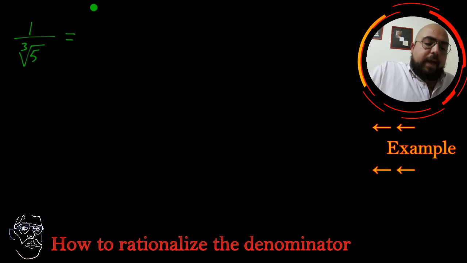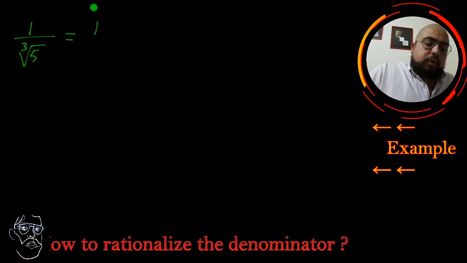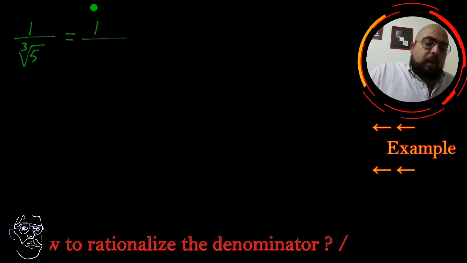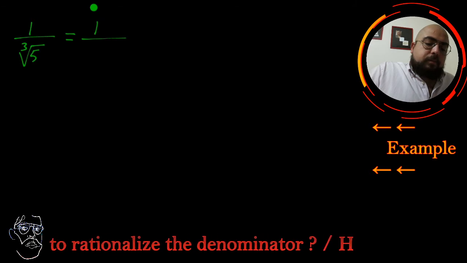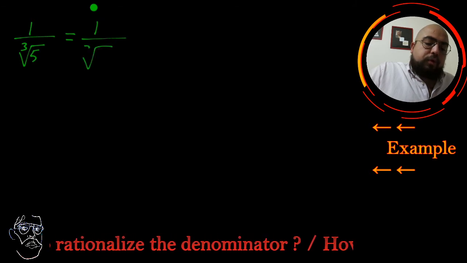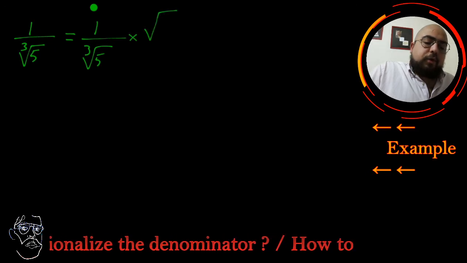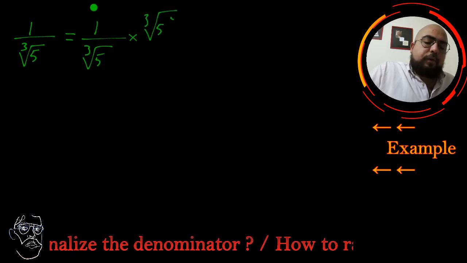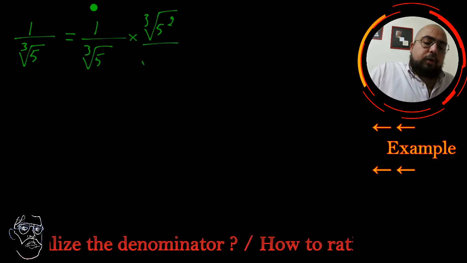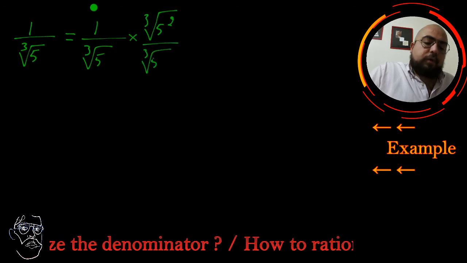So I have to act a little bit more clever. So I should say it's 1 over cubic root of 5 times the cubic root of 5 to the power of 2 over the cubic root of 5 to the power of 2.